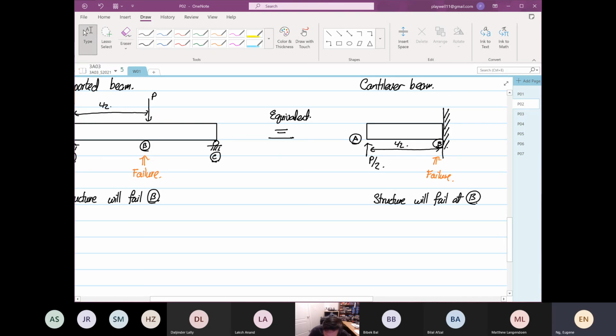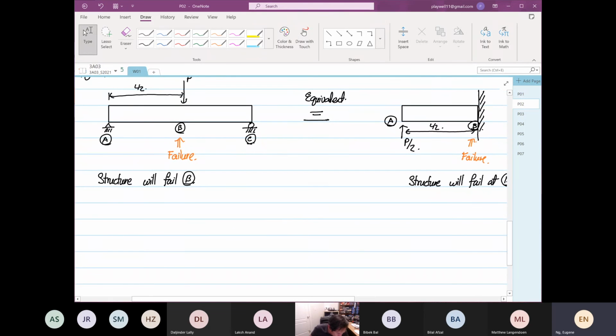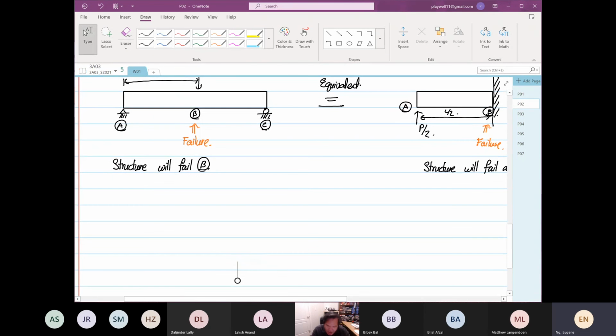So now, how are we going to prove that these two are the same?